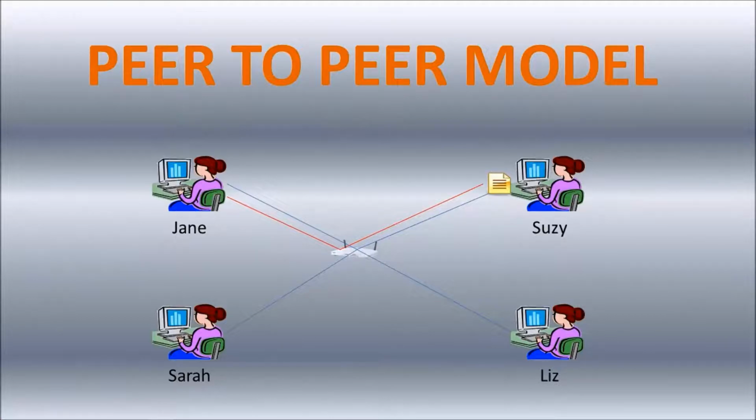And that's fine, not a problem. In this case, Susie's PC is acting as a server, and Jane's PC is acting as a client. Jane is doing the requesting, and Susie's PC is responding to that request. So her PC is acting like a server.